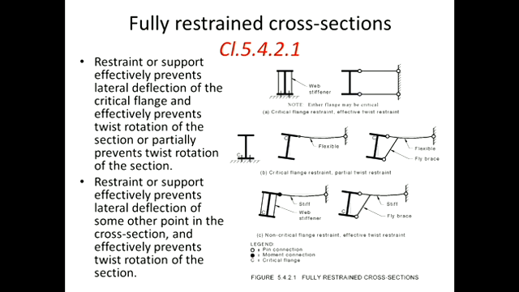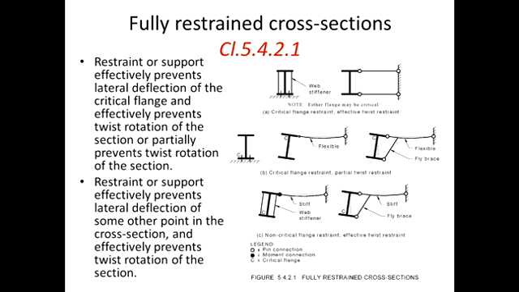So for us to satisfy those conditions as well, you can have a look at the standard. The standard says that for us to have fully restrained cross sections, the cross section has to be supported similar to these examples which are given here.